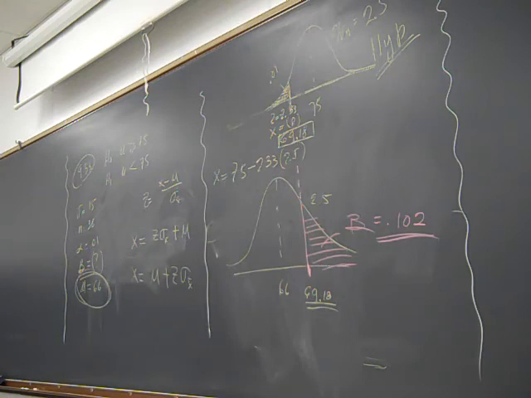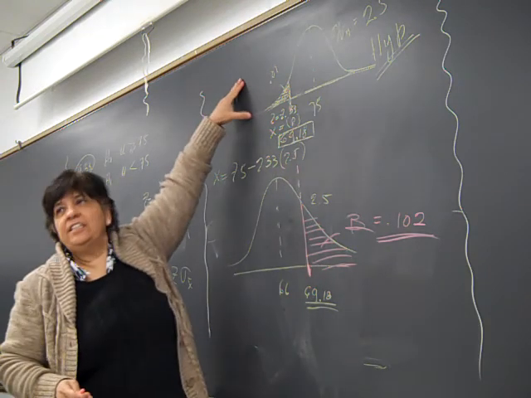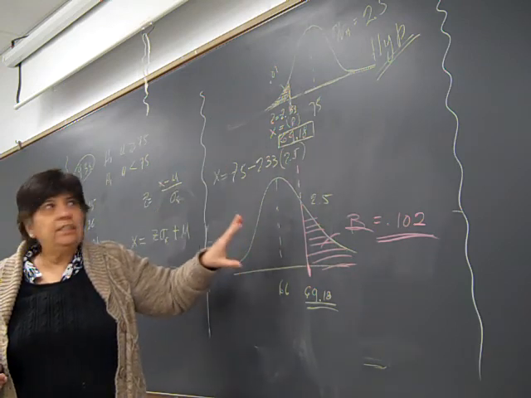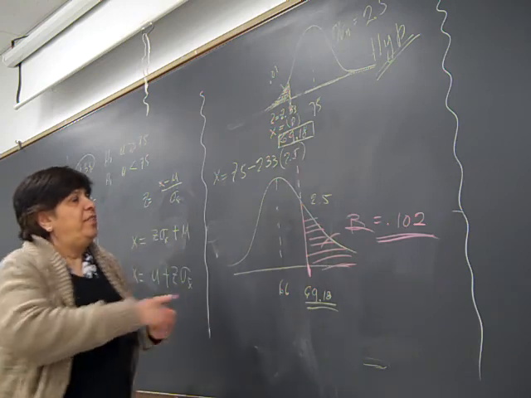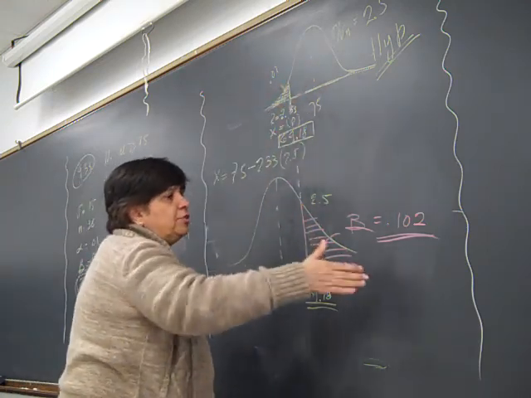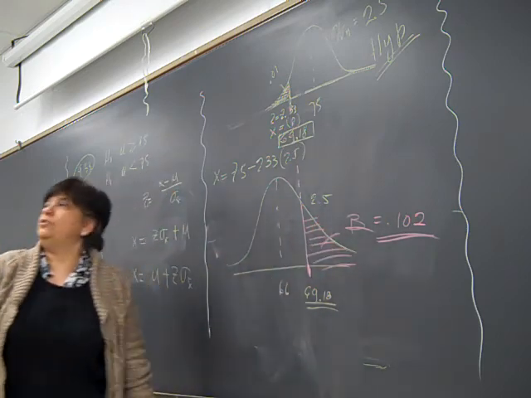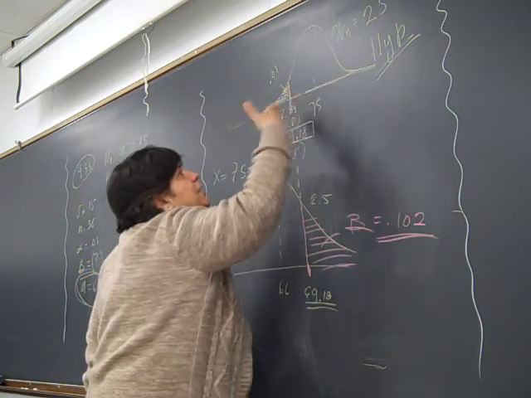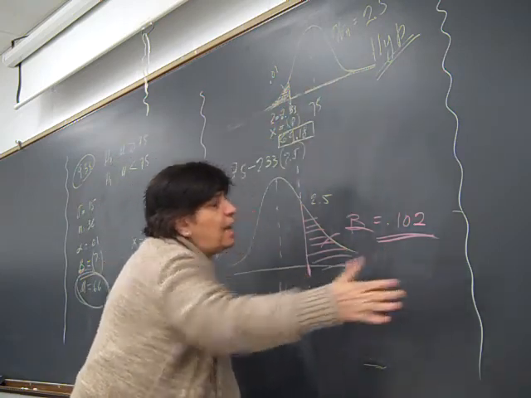Any questions? Did you get the process? I mean, you have the hypothesized distribution, you get the real distribution, and you have to deal with the do not rejection zone, because beta again is the probability that you do not reject. So that's why it's on the right side.